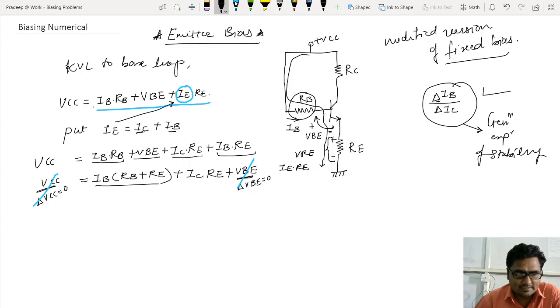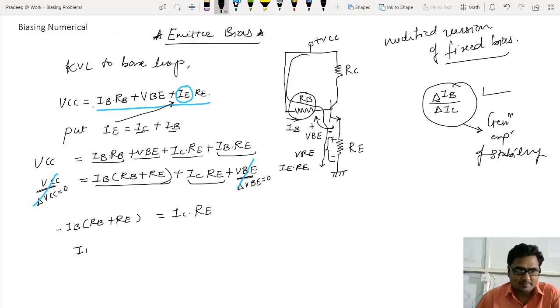So let me consider only this term and this term. So what will I write then? Minus delta IB multiplied by RB plus RE is equal to delta IC RE.